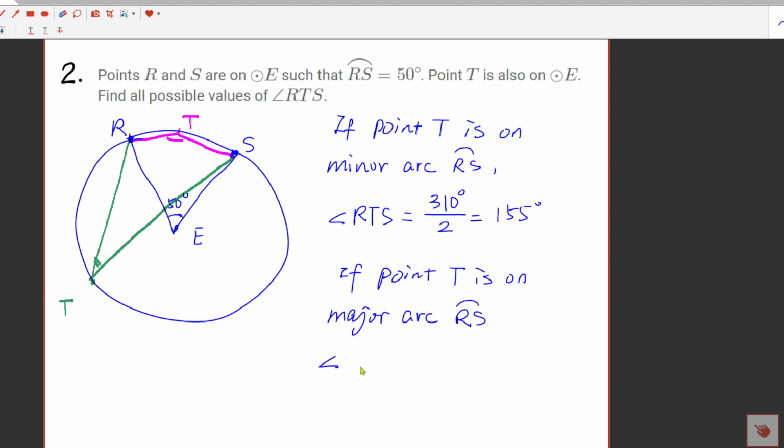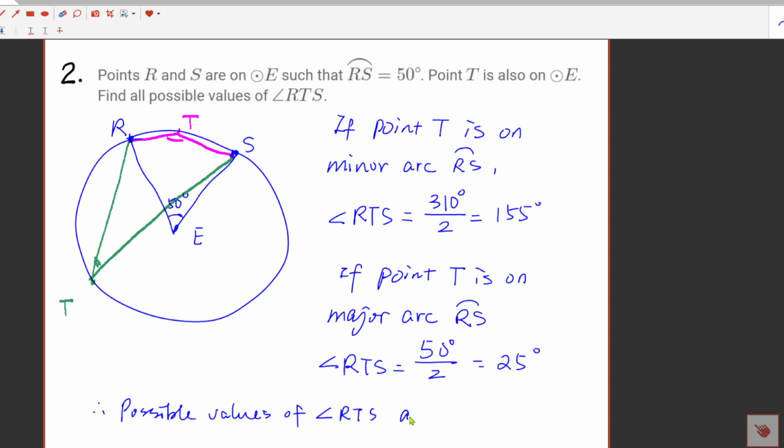In that case, angle RTS is 50 degrees over 2. This is a simpler case, which is 25 degrees, right? Therefore, the possible values of angle RTS are 155 degrees or 25 degrees, right?